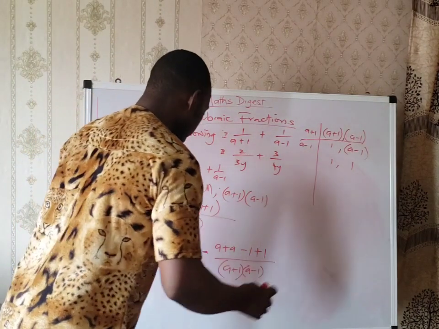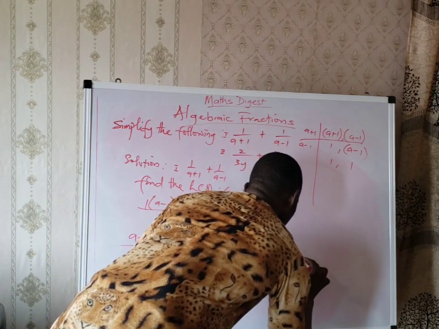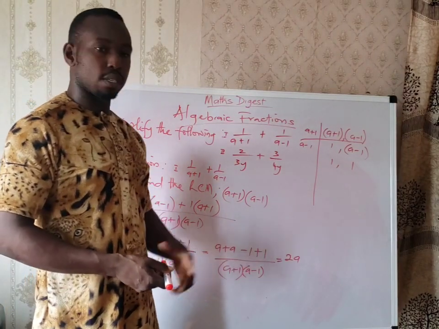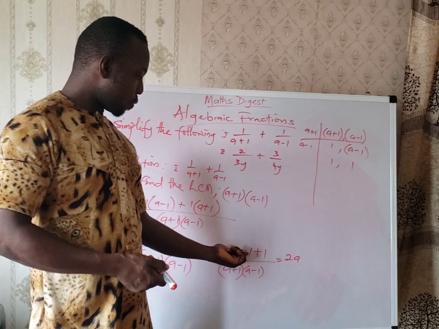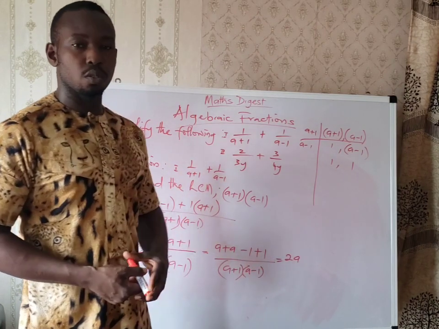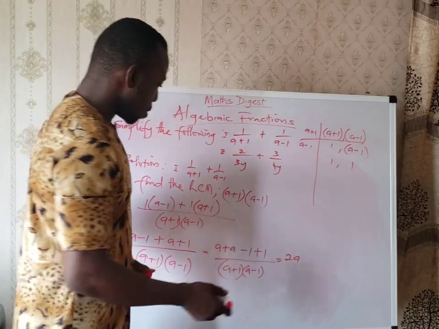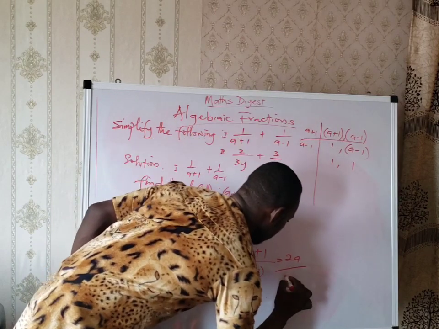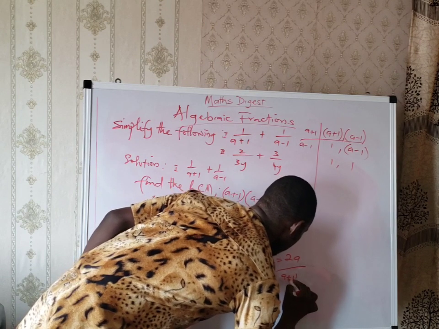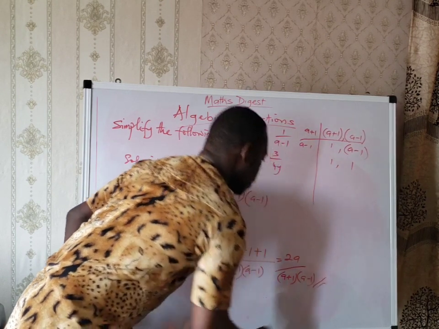Now we have equal to 2a. Now minus 1 minus 1. If you are owing $1 and the one you have is $1, you use it and pay off. What you have left is nothing. So you only have 2a here over the denominator. This is the final answer.